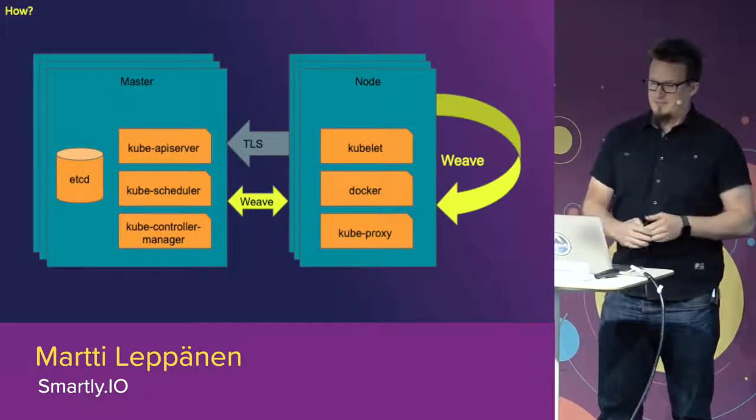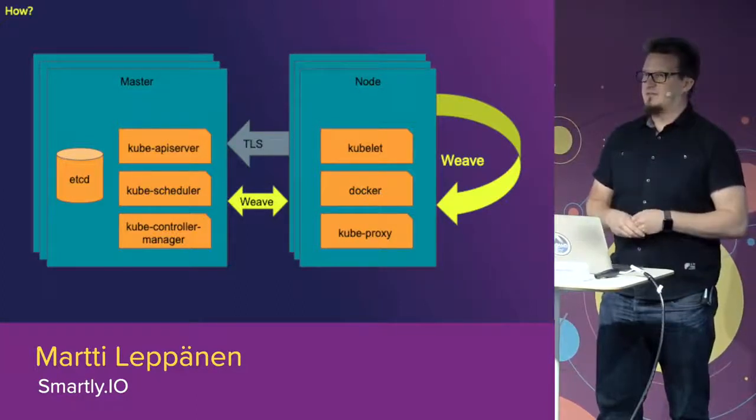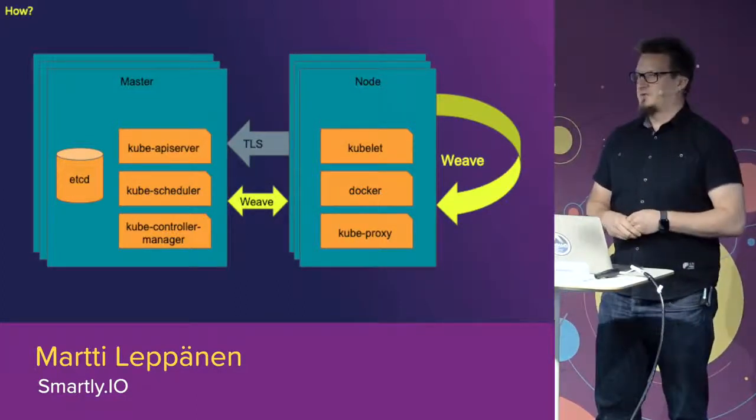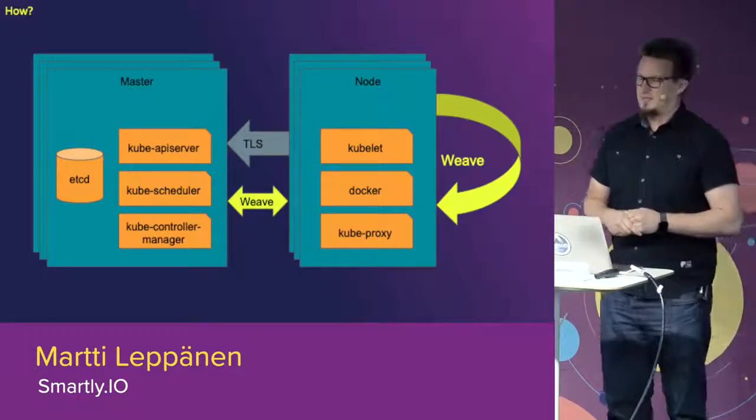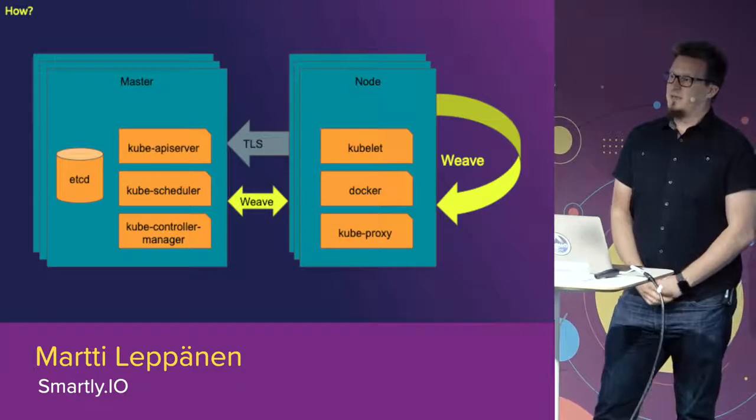Then, in addition to masters, we obviously run Docker somewhere. Kubernetes is supposed to run containers. You can, of course, run other OCI-compatible runtimes than Docker, but Docker is what we're using here and what I'm going to go through today.